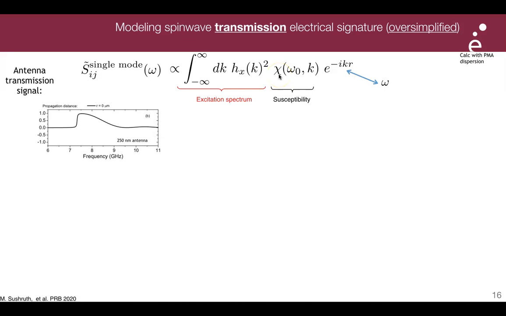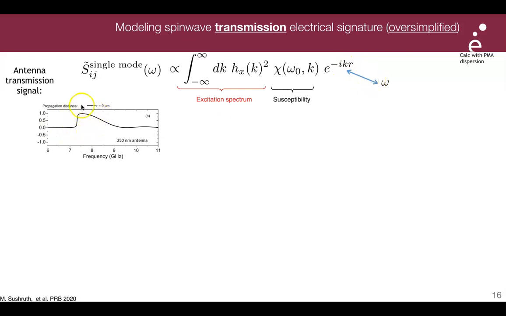the excitation being proportional to the susceptibility, but the spin waves will also propagate over a distance r between the two antennas, and they will phase rotate according to their k vector, which is linked to the frequency by the dispersion relation.